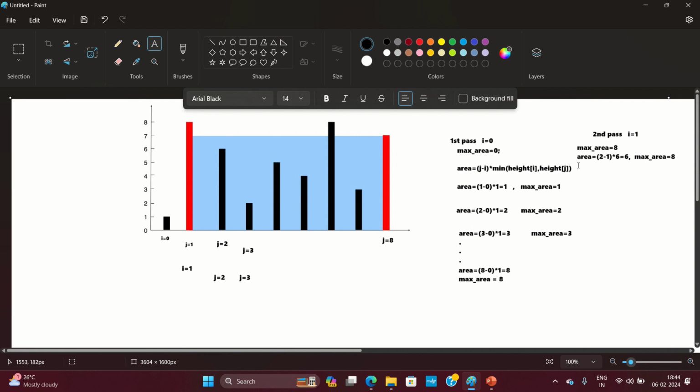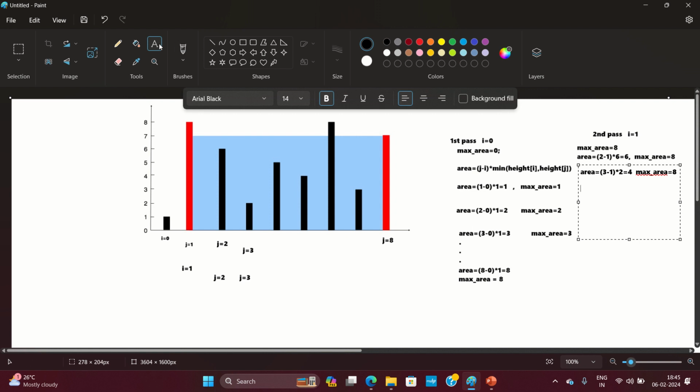So area is equal to j minus I, that is 3 minus 1, into the minimum of the two, that is 2, which equals 4. Is it greater than the previous max area? The answer is no. So max area remains 8.